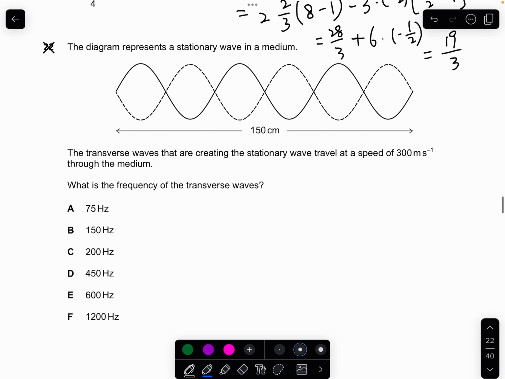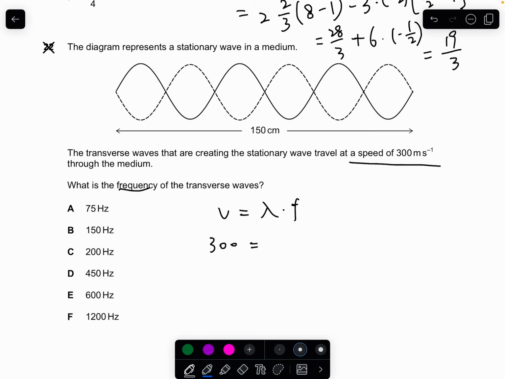Okay. Second one, this is a stationary wave in a medium. There are speed of 300 and the frequency. So velocity equals the wavelength times the frequency.